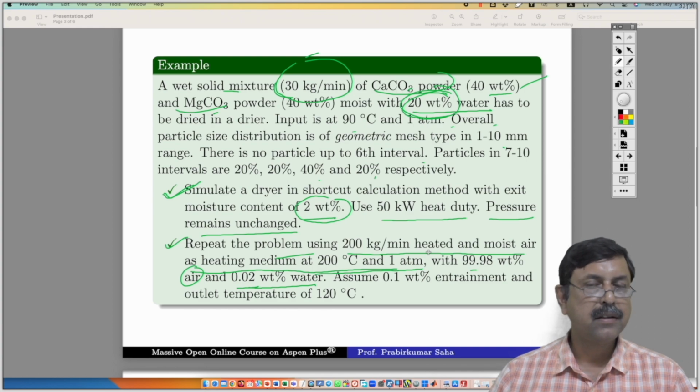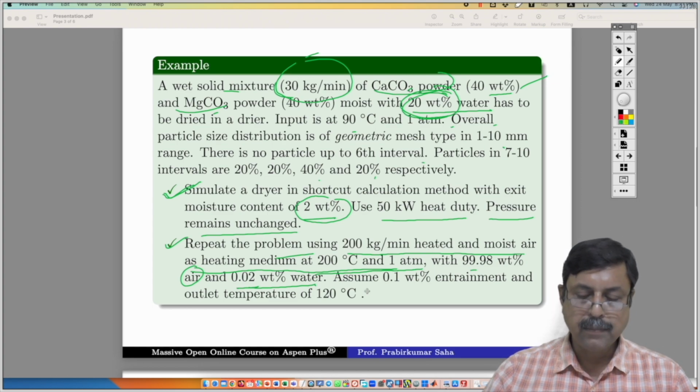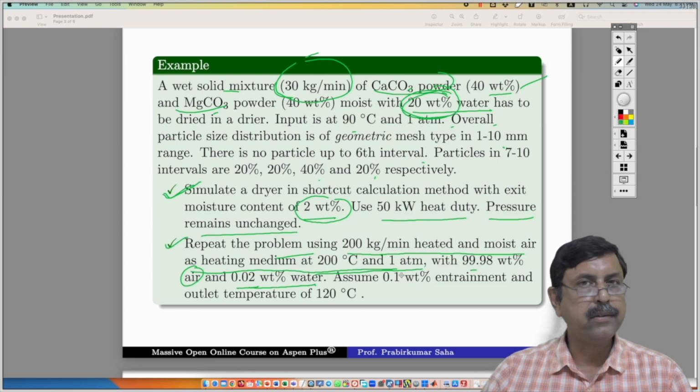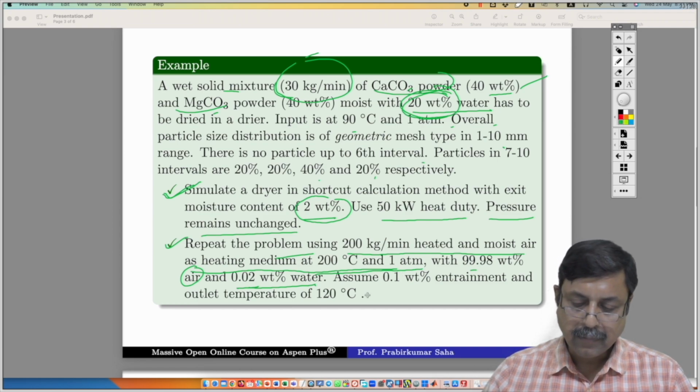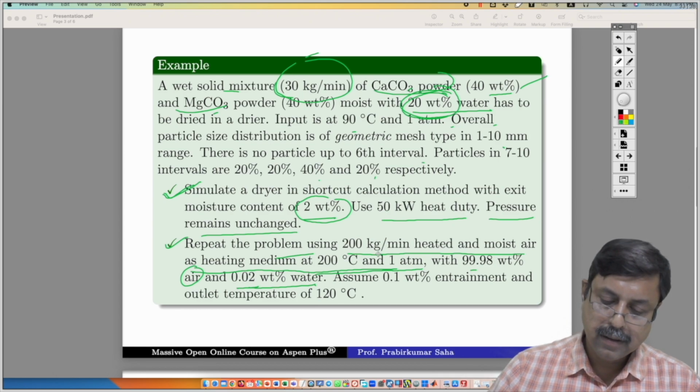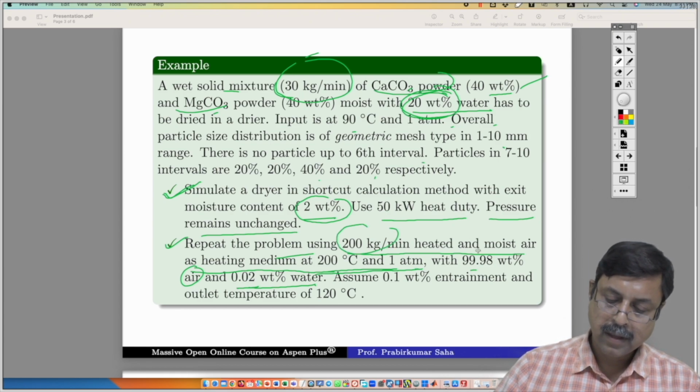In the first problem, we do not have any heating medium. In the second problem, we have a heating medium, that is air, moist air. The moisture content is very less, 0.02%, but some moisture is there. And its flow rate, temperature and pressure have been given.